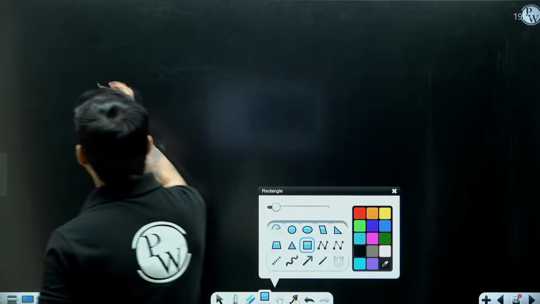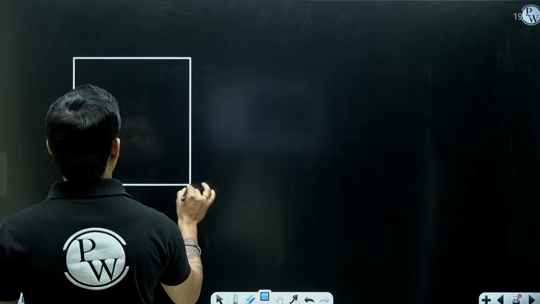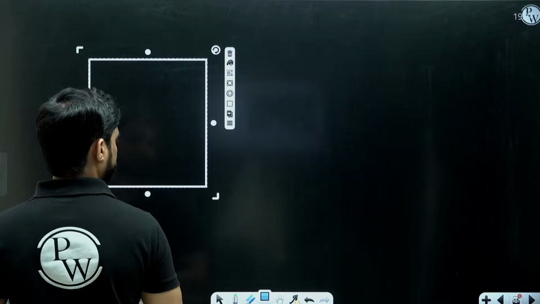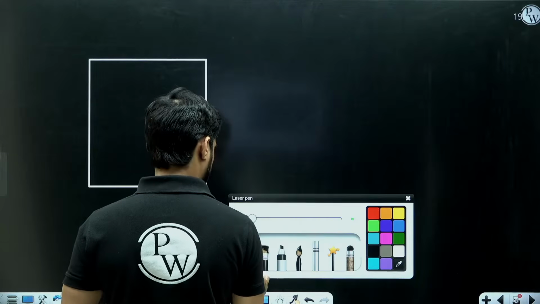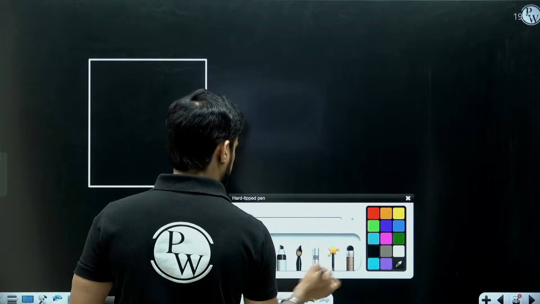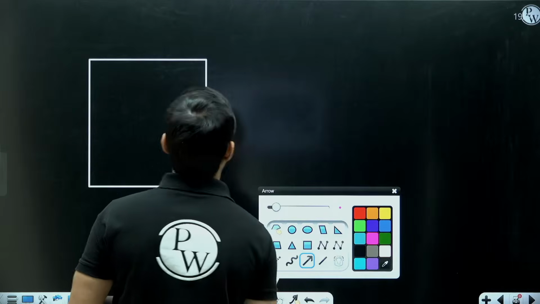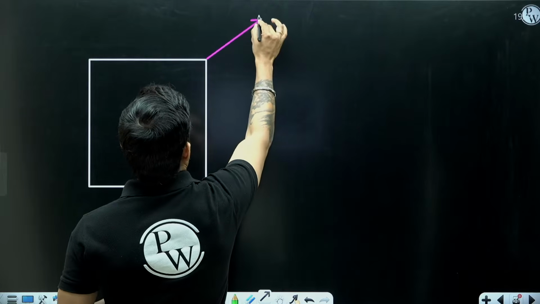Let's say that we have a rigid body like this, and there is a force acting like this.